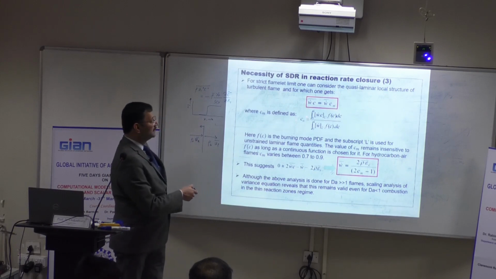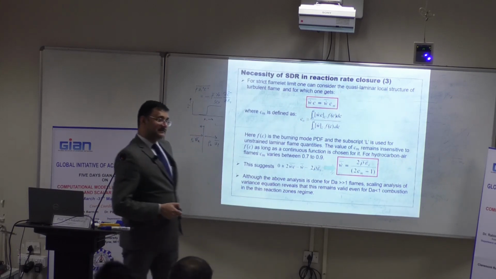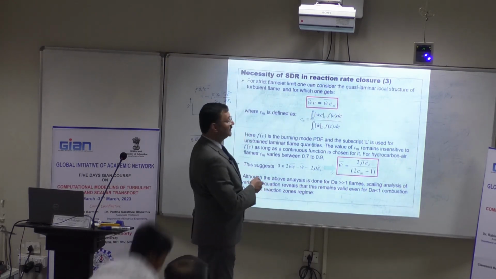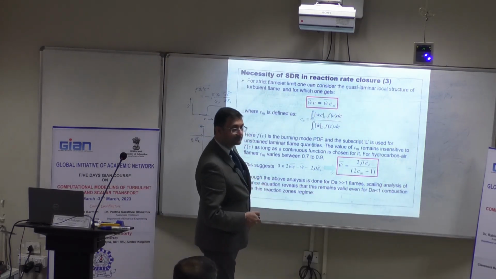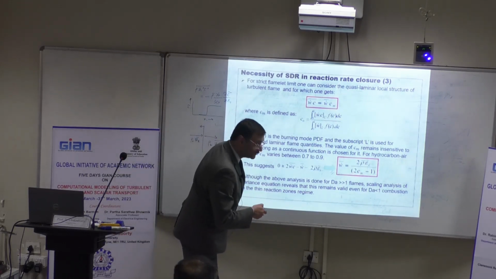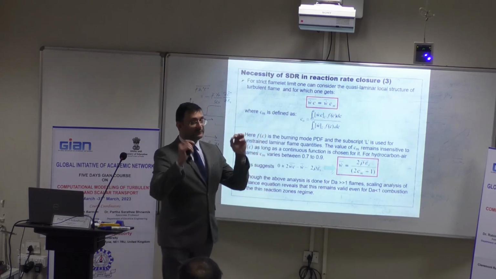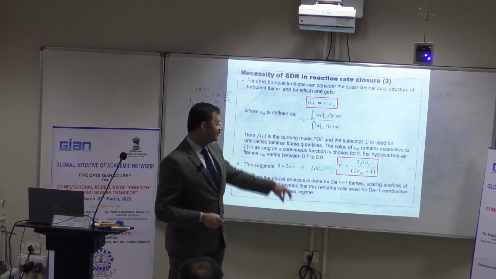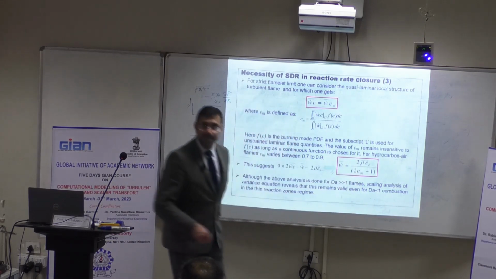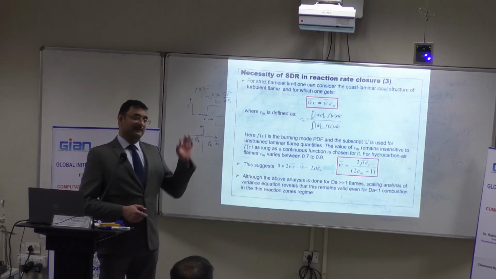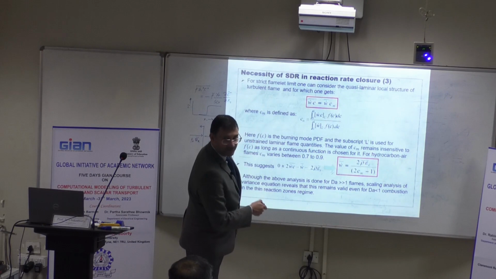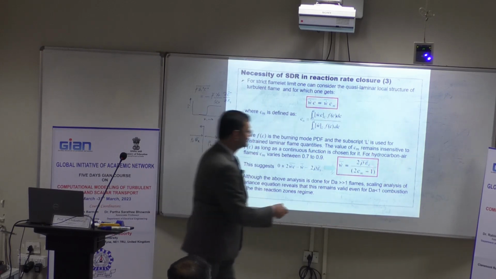Where Cm effectively is a thermophysical constant evaluated from laminar premixed flame values. So this is a thermophysical constant. Once you know your mixture based on the laminar flame, you can evaluate that. For a given mixture, this is constant. So it's a mixture specific constant. This is the mean reaction rate, rho bar density, mean density, scalar dissipation rate.